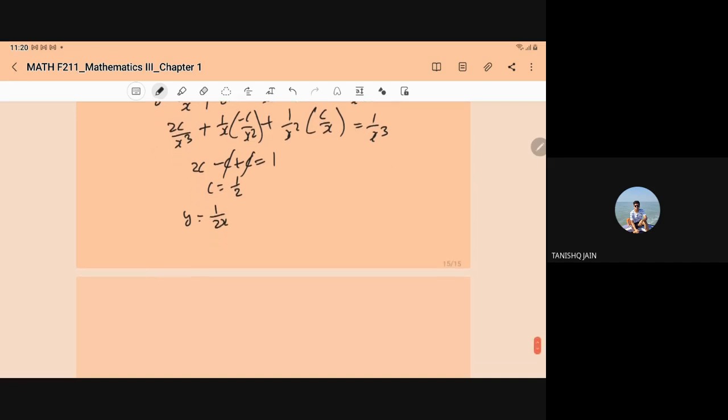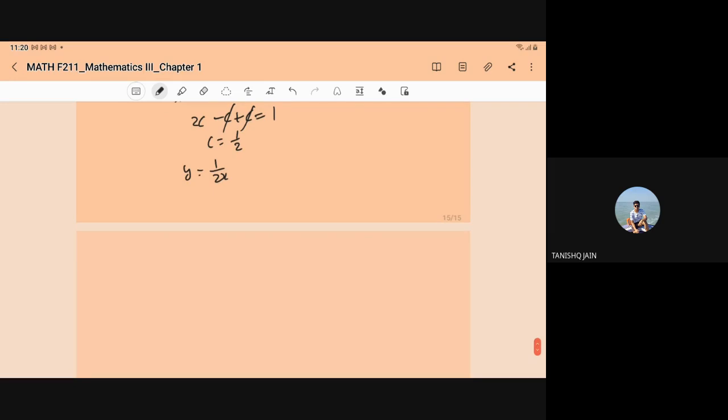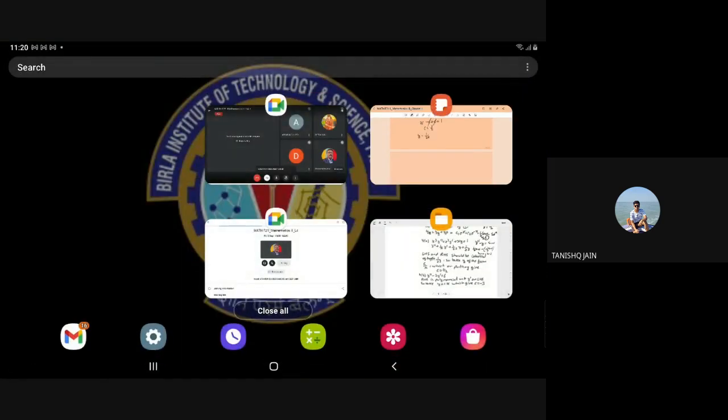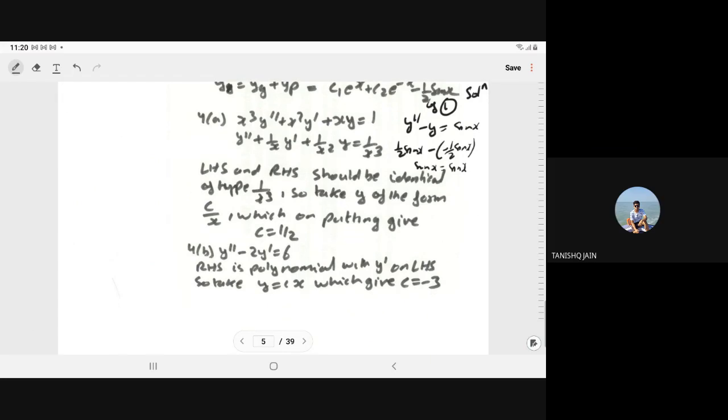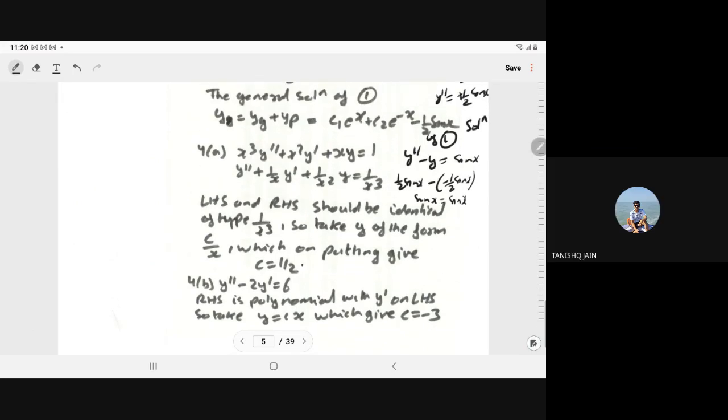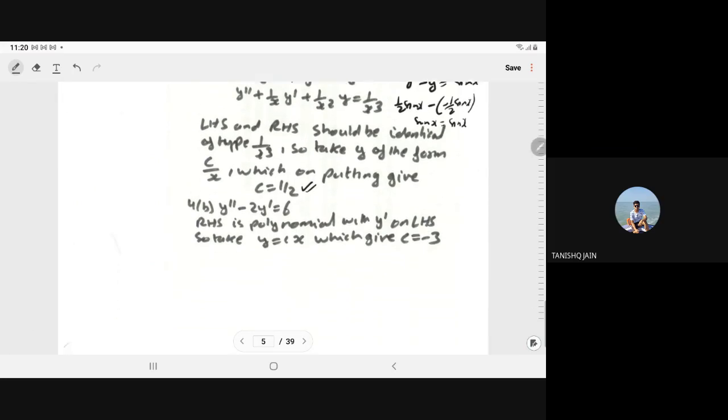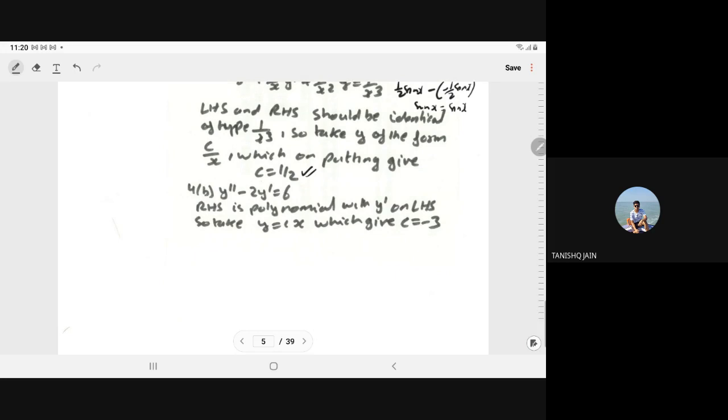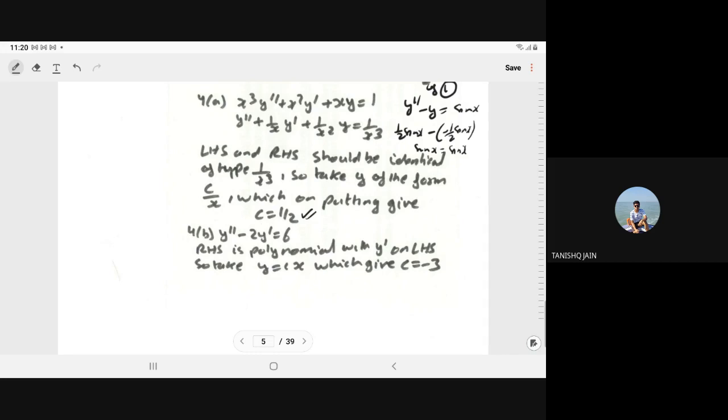So sometimes whatever the right hand side, accordingly we have to judge what can be the form of the solution. Sir, why do we need to do this? Actually we want the solution structure. I want to convey here what can be the structure of the solution.